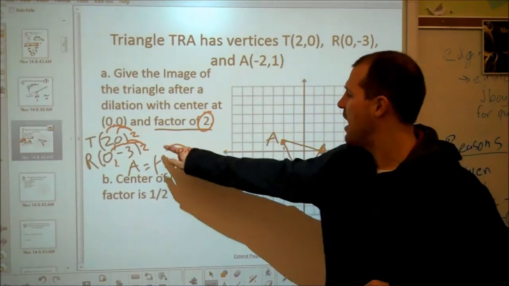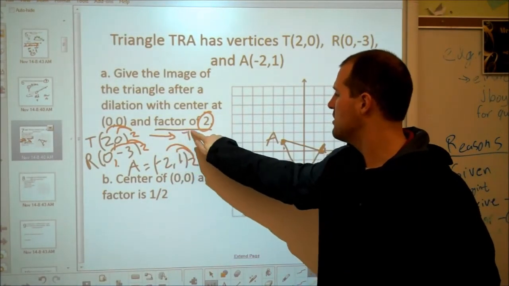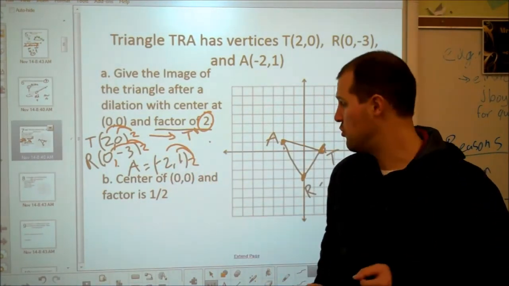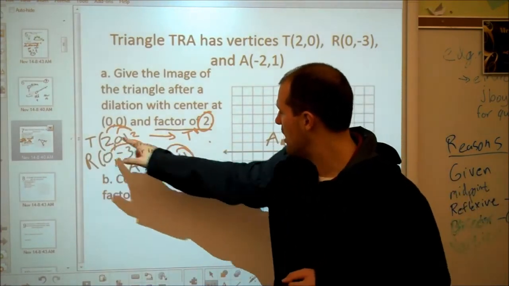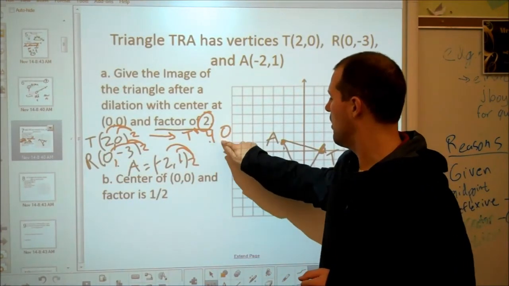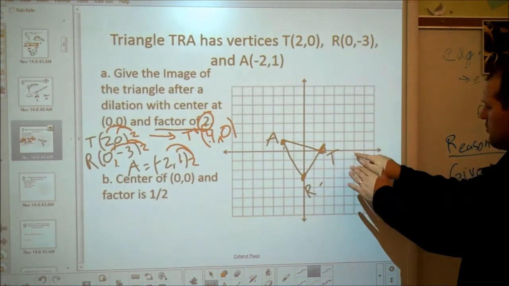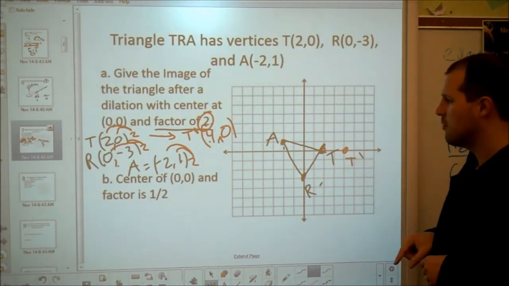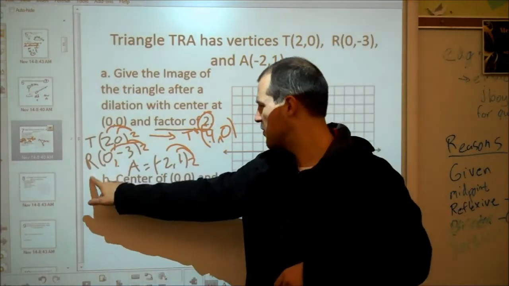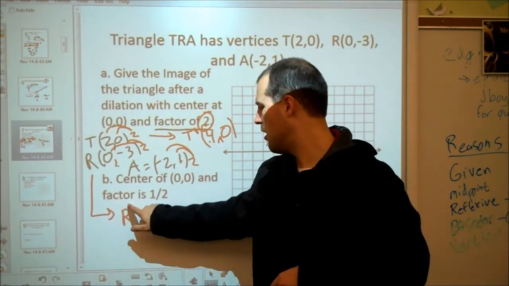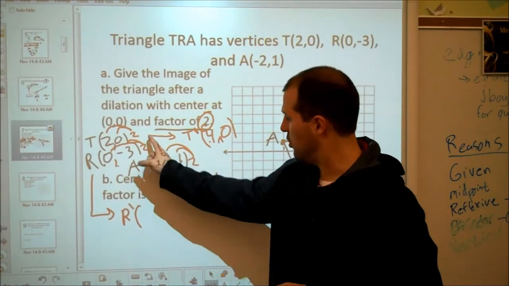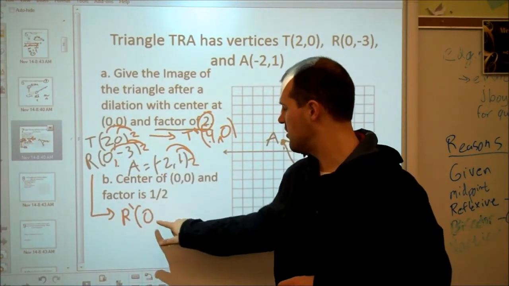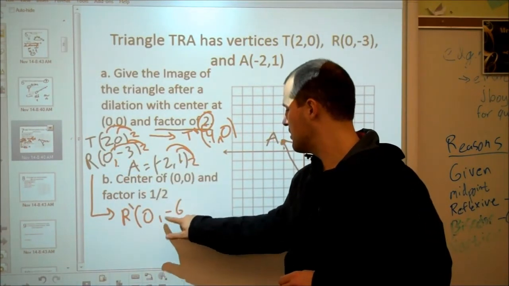Okay, and so now I get T prime, the new point, and that is 2 times 2, which is 4, 0. Now look at this: 1, 2, 3, 4. So that point moved away from the origin, and I'm going to call it T prime. I'm running out of space for R, so I'm going to bring that down here. I get R prime, which is 2 times 0 is 0, 2 times -3 is -6.